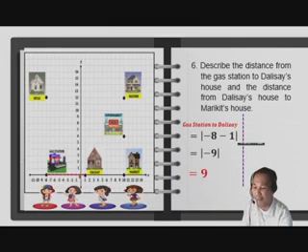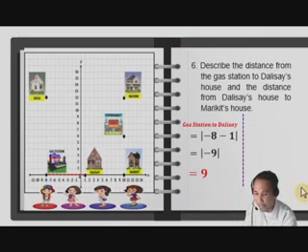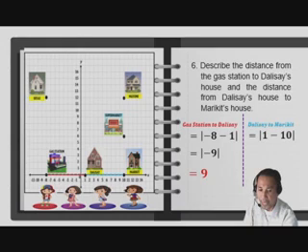Ayan. How about yung layo naman ng bahay ni Dalisay kay Marikit? Okay, sa bahay ni Marikit. So tignan natin. So ito yung kay Marikit. Ang kanyang x dito is +10. Dito naman ay +1. So just subtract them. You will get an answer.